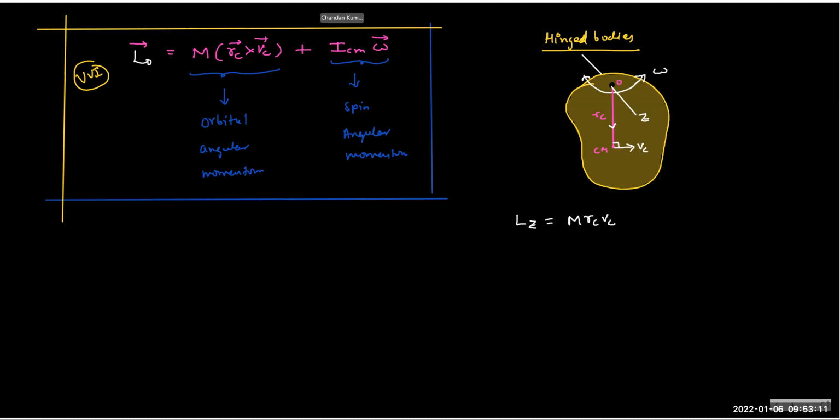That's interesting. And what about the direction? r_c cross v_c will give you a clockwise or anti-clockwise sense. Anti-clockwise. So this is anti-clockwise like this. And I_CM omega, omega is anti-clockwise, so it is also anti-clockwise.